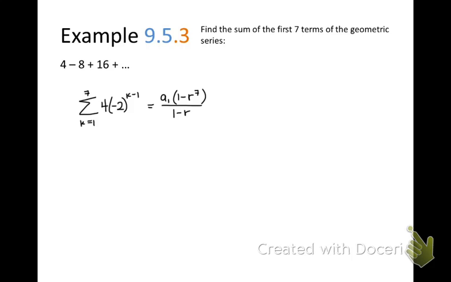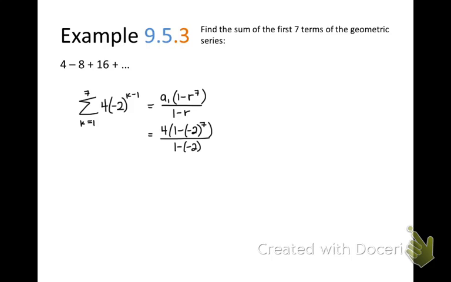But I know what a sub 1 and r are. So a sub 1 is 4. What's r? Negative 2, right? So negative 2 to the 7th divided by 1 minus negative 2 without the power.